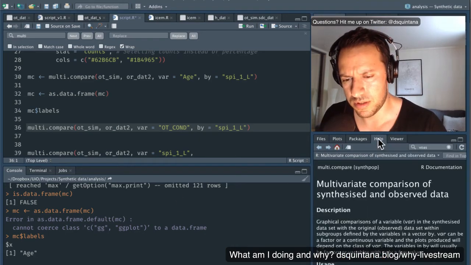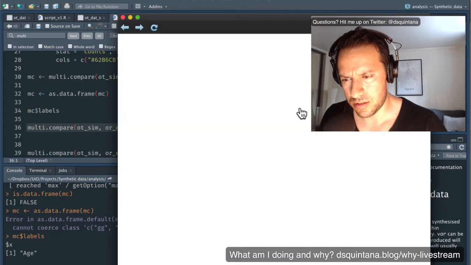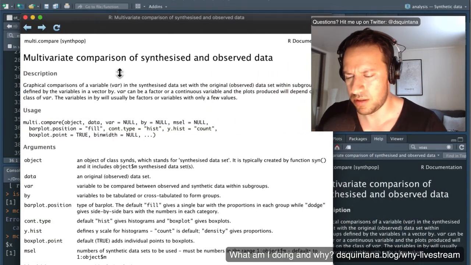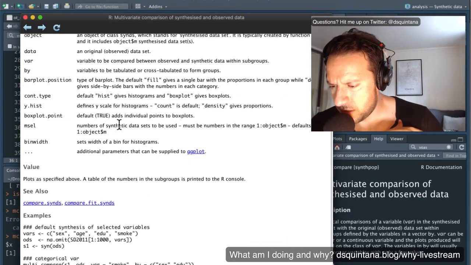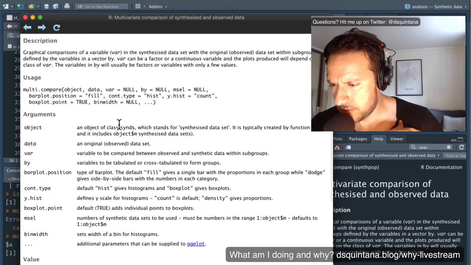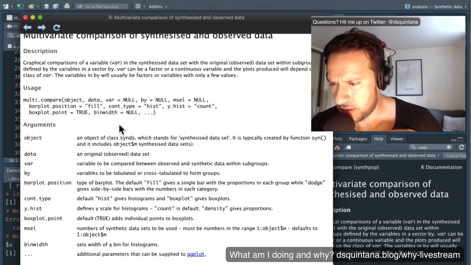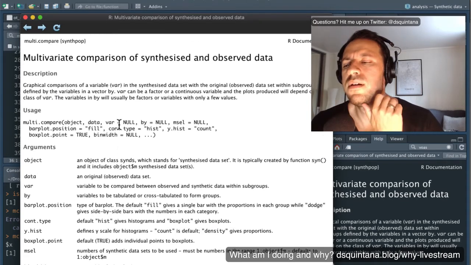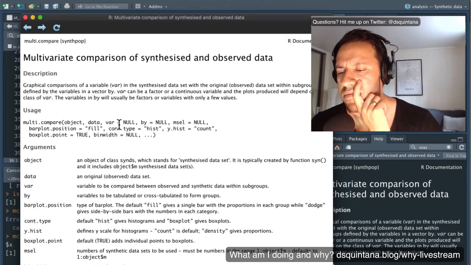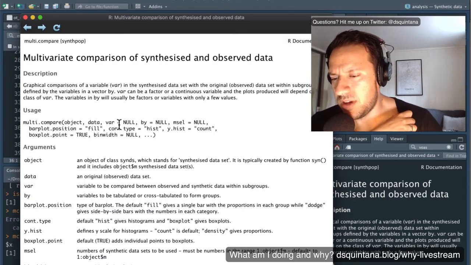Back to help. The variables and values should be factors or variables with a few values. Yeah, just as I thought.